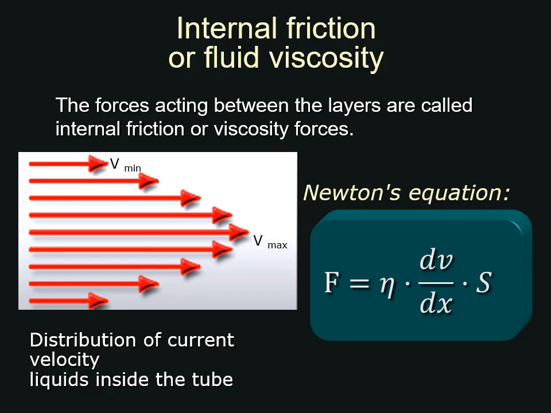Then, the second factor, which Newton put into the equation characterizing the friction force, is the so-called velocity gradient, dV/dx. We can call this value the velocity shift. The velocity gradient is the most accurate definition of what we observe when different layers of liquid move at different speeds.